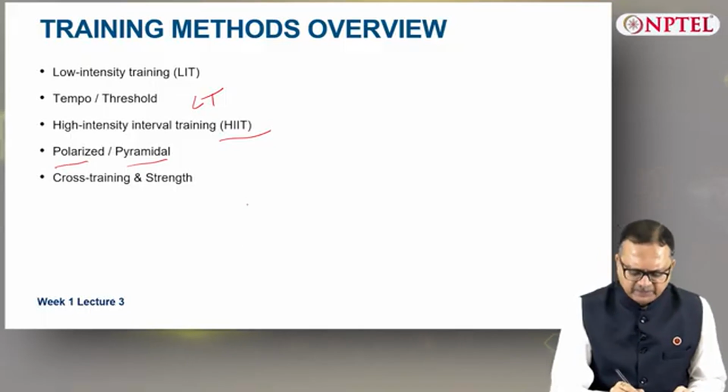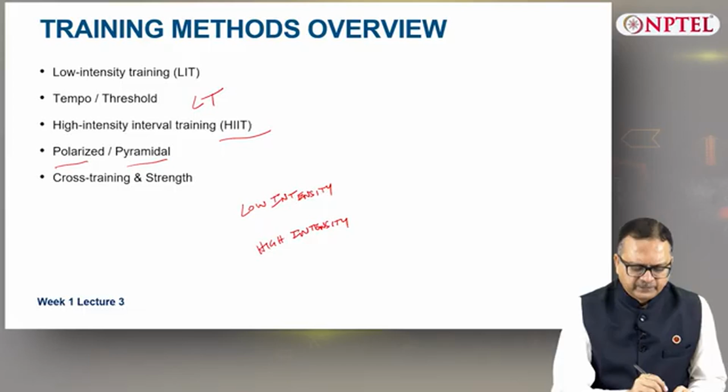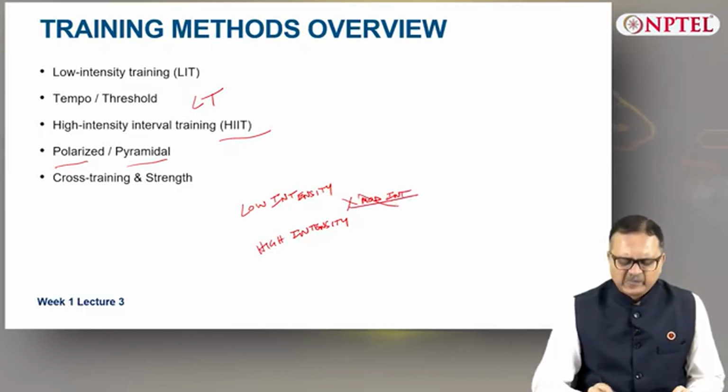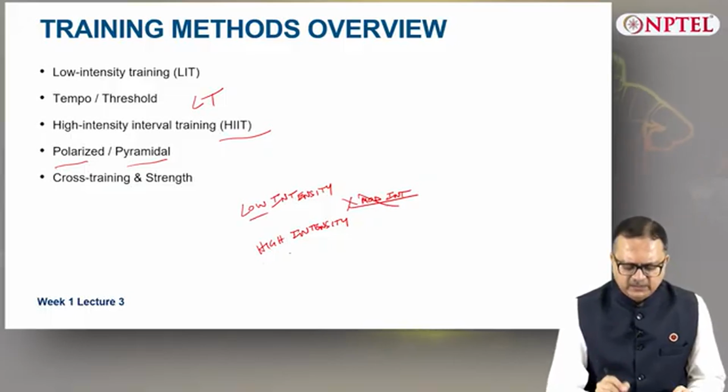In polarized training, exercises will alternate between low intensity and high intensity. There will be no moderate intensity exercises. The training will alternate between low intensity and high intensity exercises.